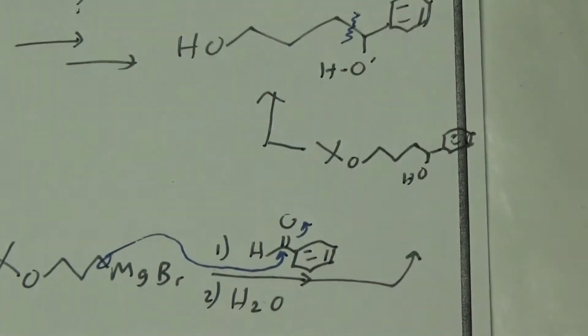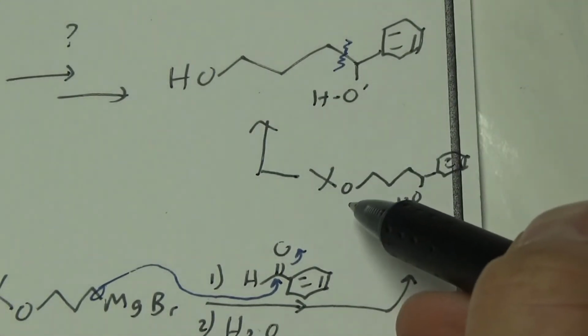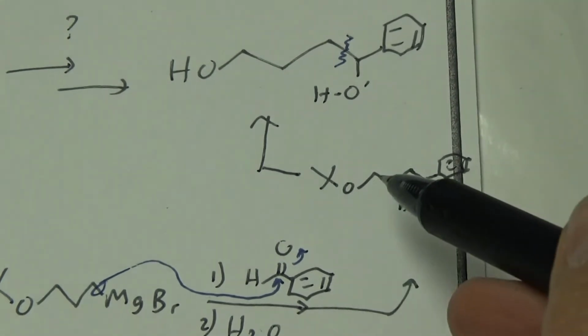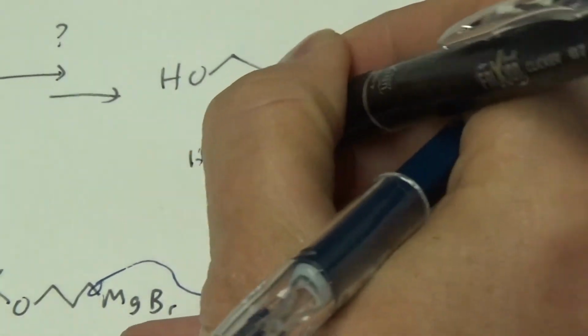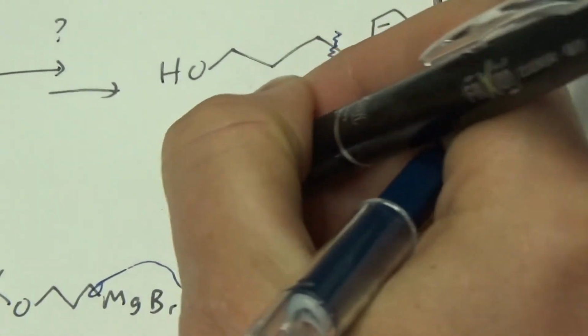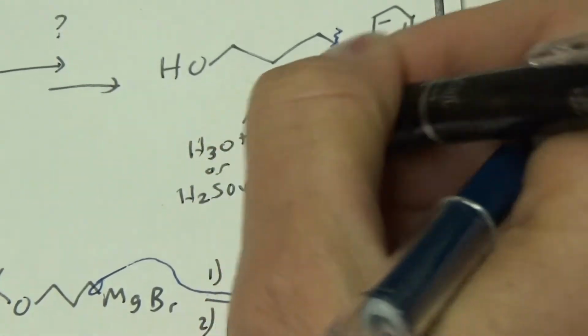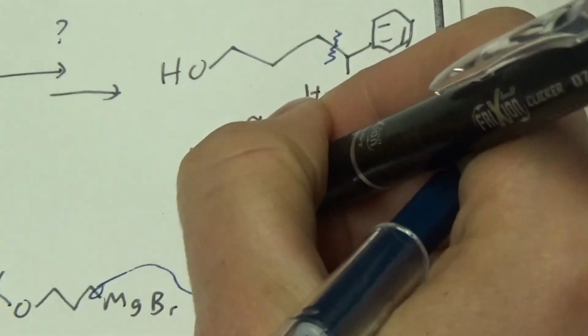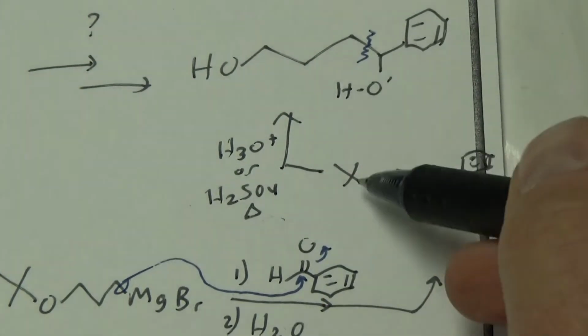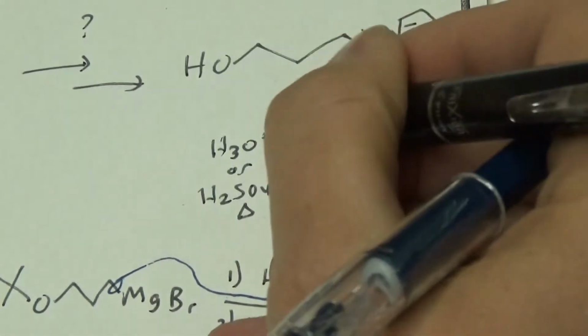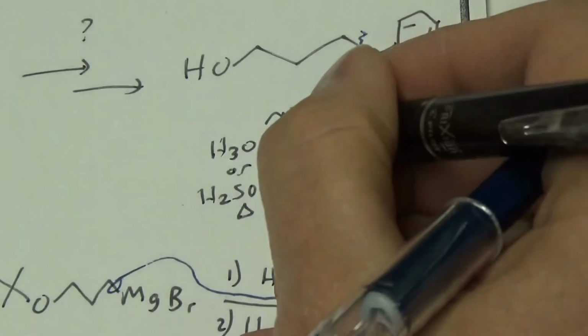And then last step is how do we take off the tert-butyl ether? As we learned, we know how to put it on. We know how to take it off. So it's H3O plus, or like sulfuric acid, H2SO4. Maybe a little bit of heat. That just means heat, and it just plops off. What is our byproduct of that?